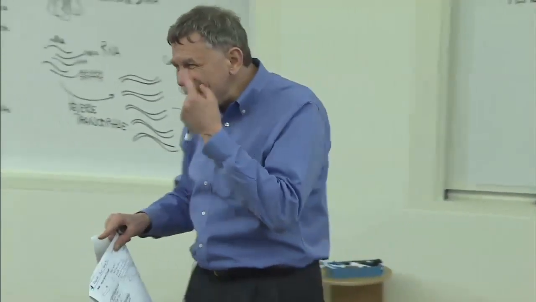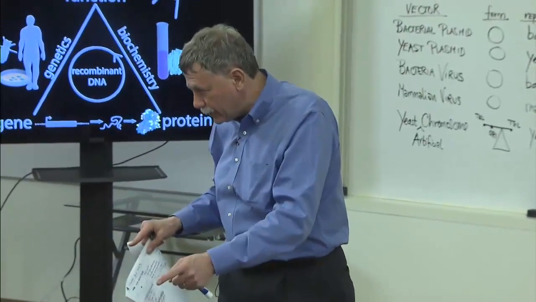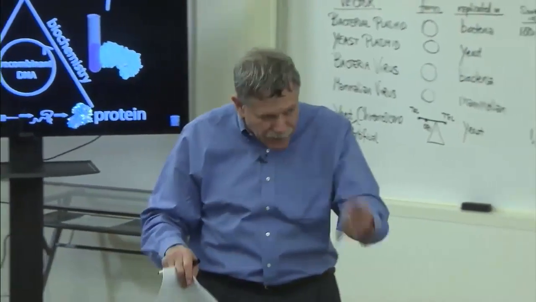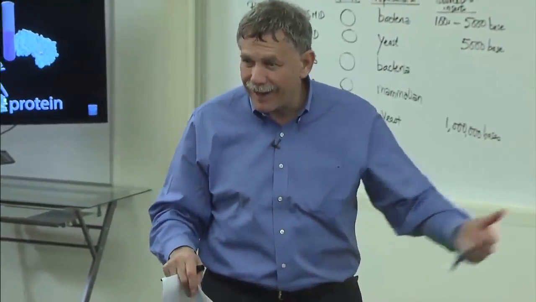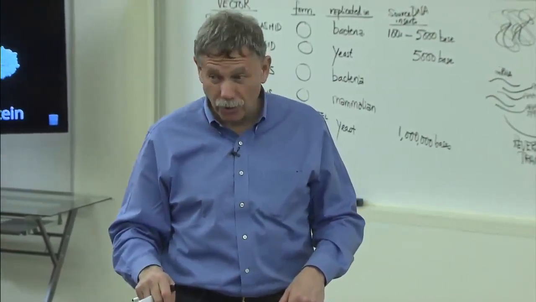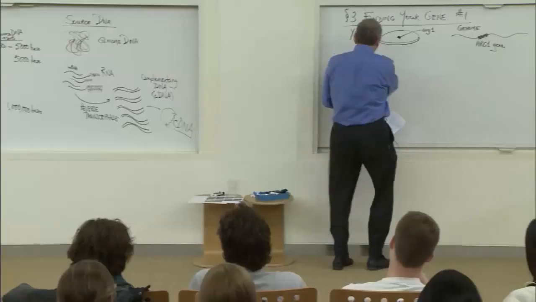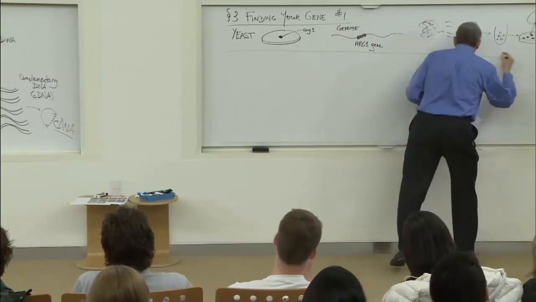So now we're going to take that idea, which is that a wild type copy of the gene is sufficient to rescue a mutant, and apply it to cloning. Cool. All right, so then I need to know certain things from you guys. Oh, I like this idea. This is very good.